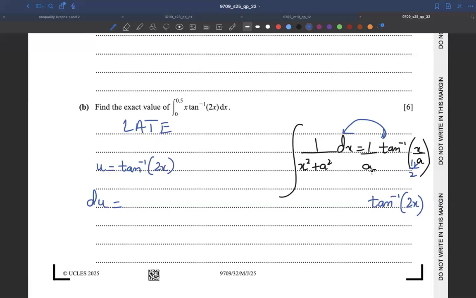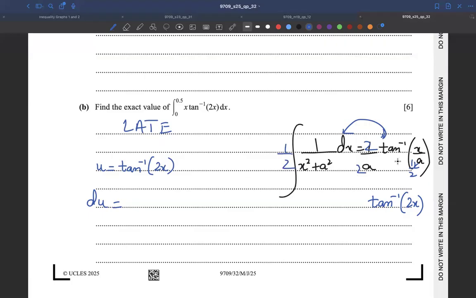So what we can do is, in this instance, a was 1 upon 2, so we should have added 2 over here. We can divide both sides by 2, and this 2 and 2 will cancel.